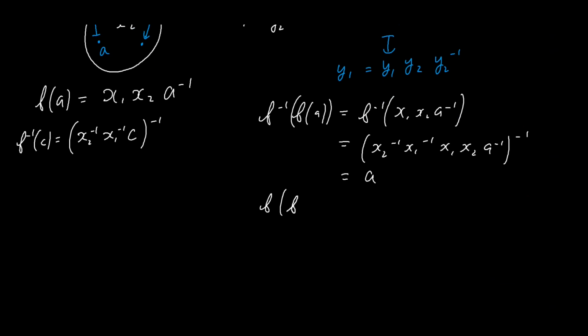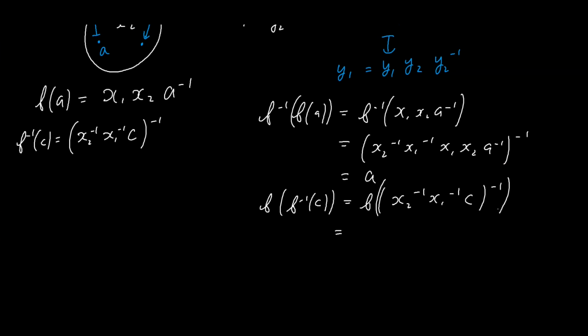Now what about the other side? So what if I first apply b inverse to c and then apply b to it? So it'll be b of x2 minus 1, x1 minus 1, c, an inverse, right? So it's b of the whole thing.